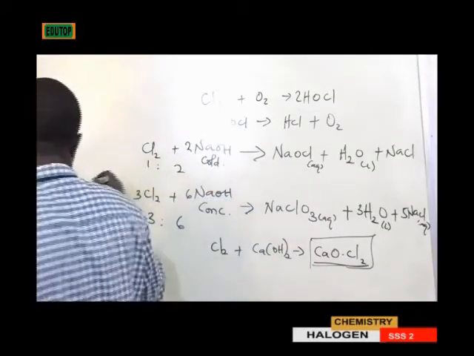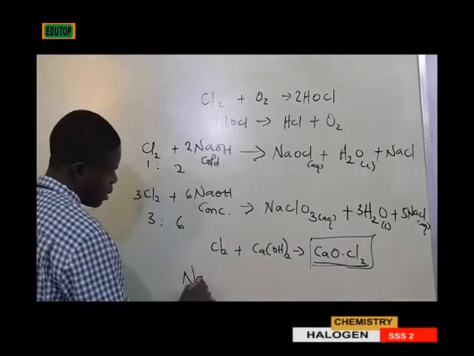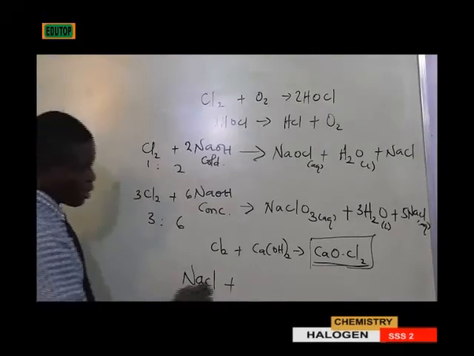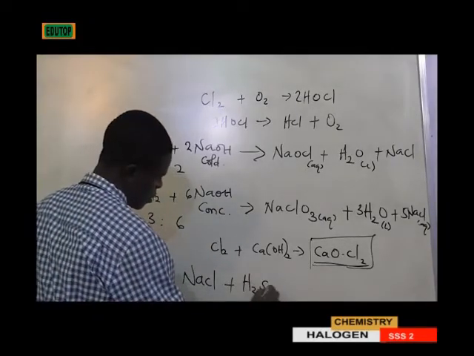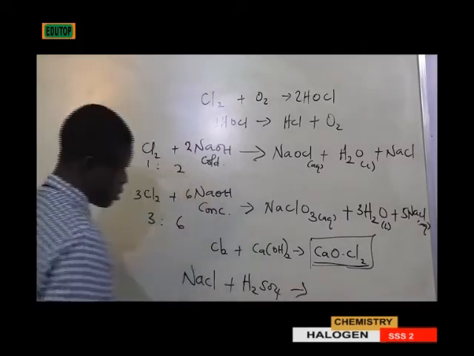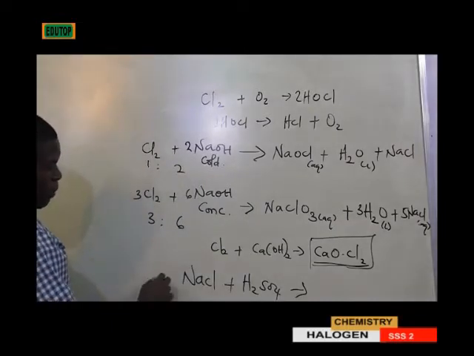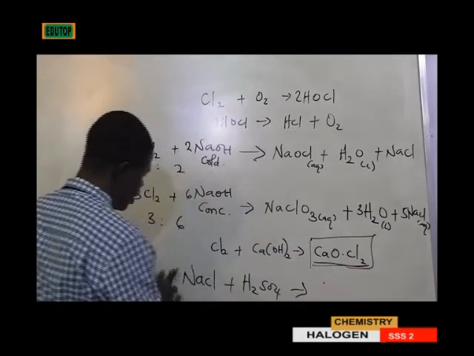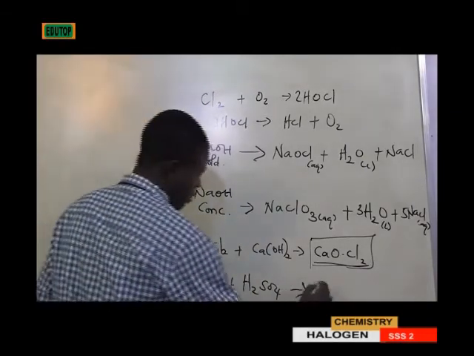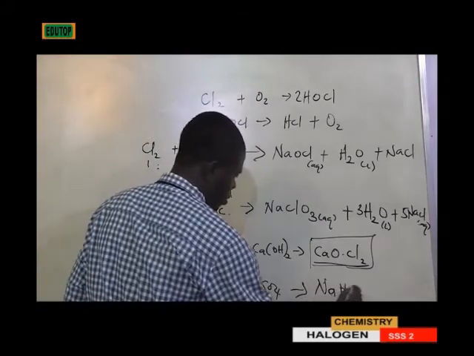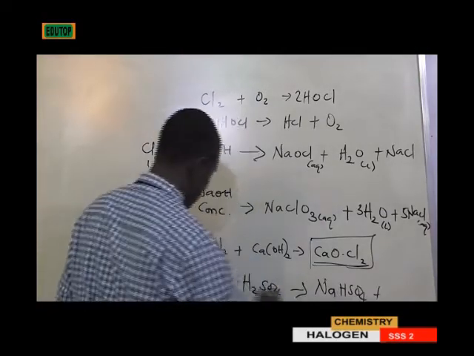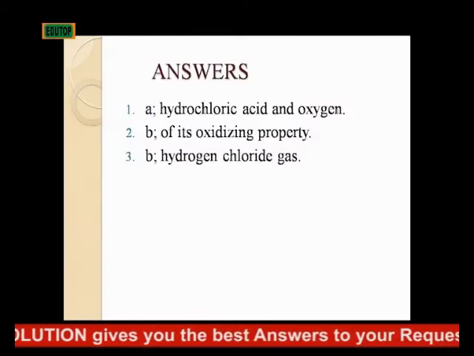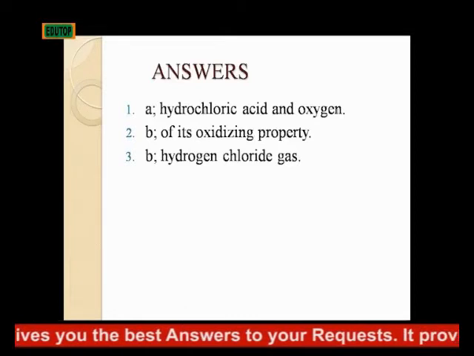When common salt, sodium chloride, reacts with concentrated tetraoxosulfate(VI) acid, an acidic salt is formed, sodium hydrogen tetraoxosulfate(VI), and what will be left is hydrogen chloride.